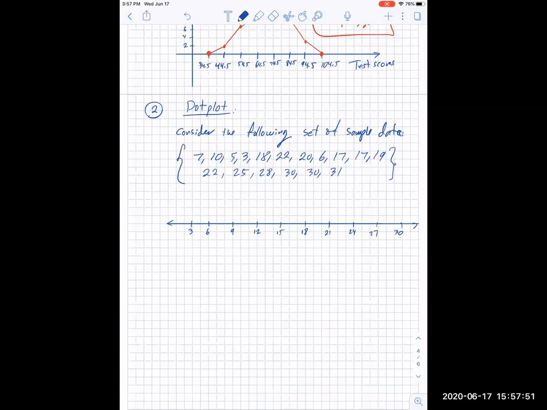Okay. So for each data value we have, we're gonna put a dot above. So let's start with the 7. First dot. 10 right here. 5.